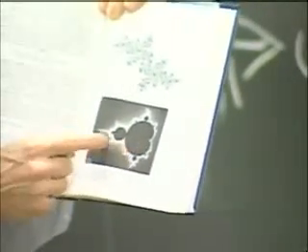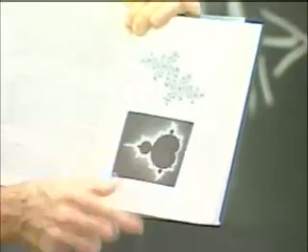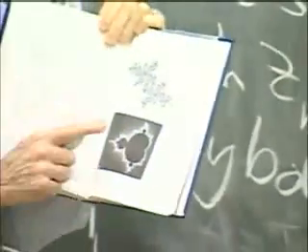So the origin is somewhere here, and the black ones are the points, the C's for which it stays bounded. But the point is that the boundary of this is so delicate.